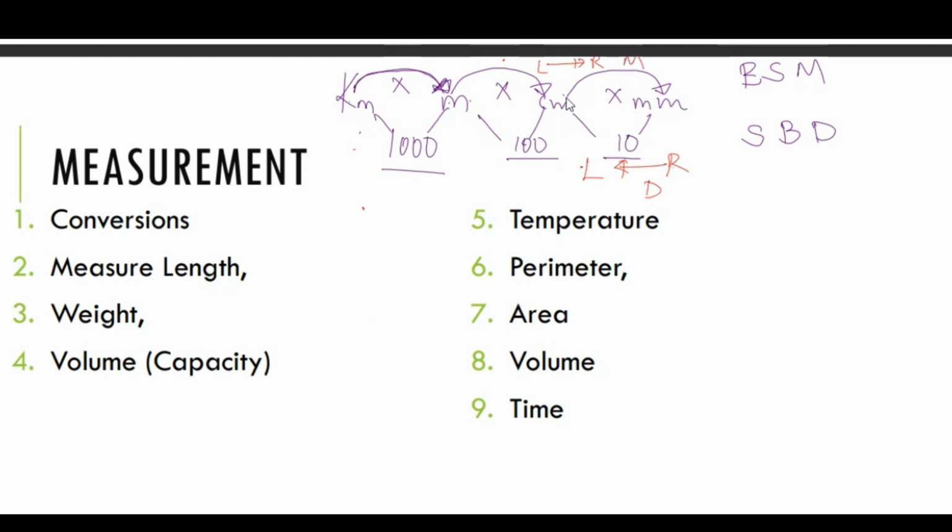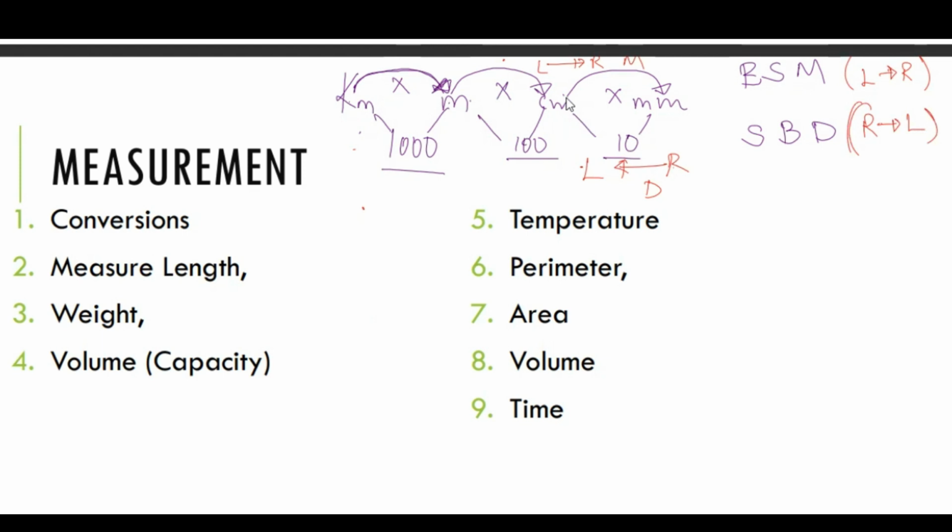Right to left, you need to divide. So this is left to right, and this is right to left. This has to be in your head. You have to know it off head. All right.